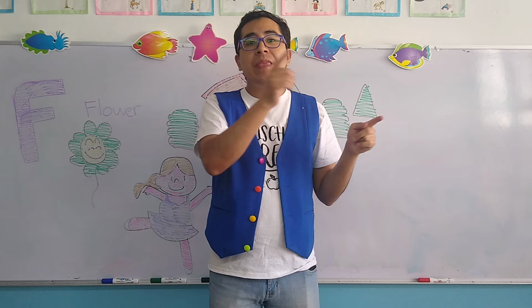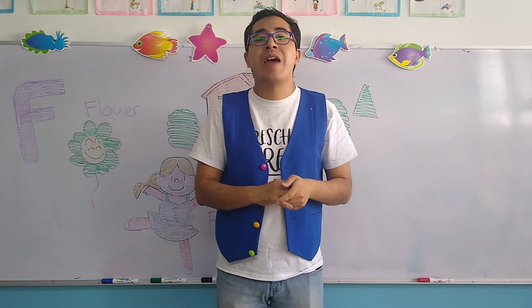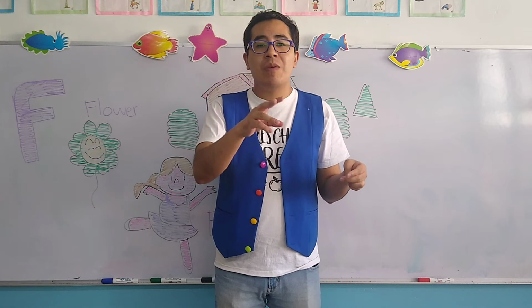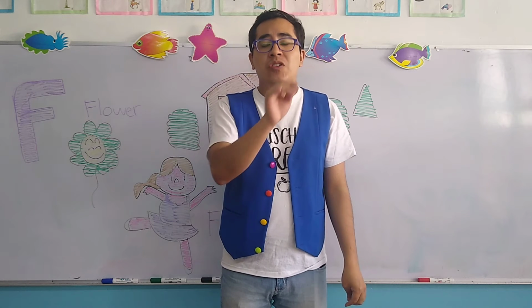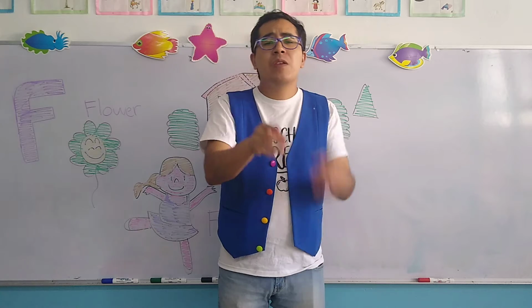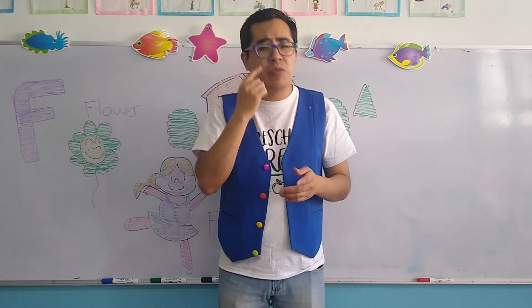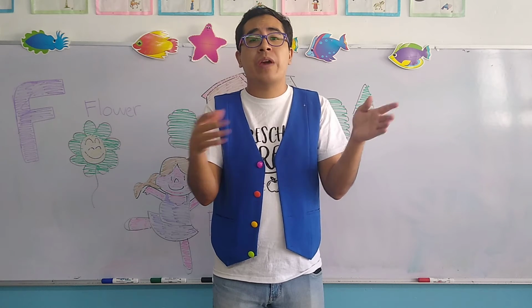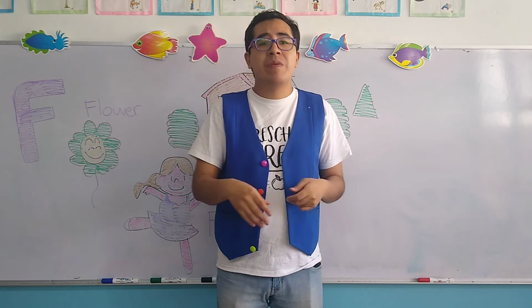Now, yesterday, we continued with the letter F, capital F. And of course, we saw several objects that were associated with that letter. Do you remember some of the objects that we saw, que vimos, with the capital F? Okay, we saw the fingers. Remember the fingers?